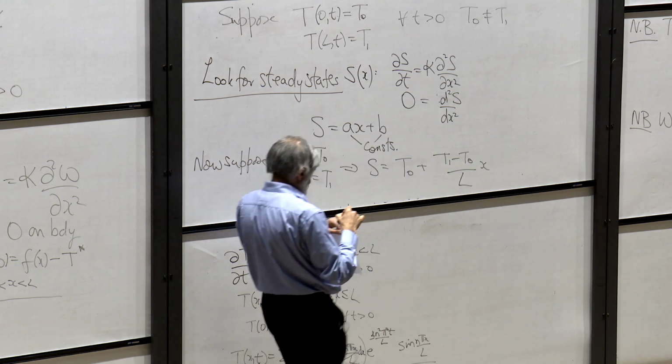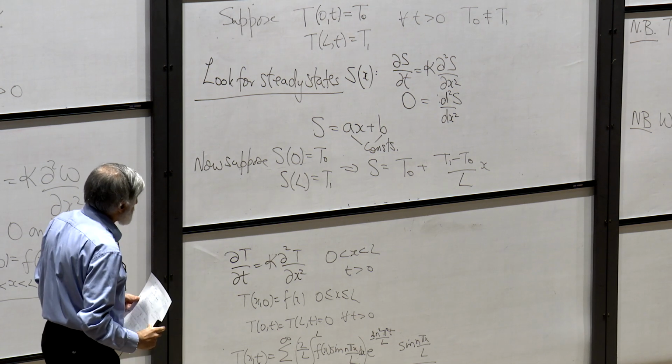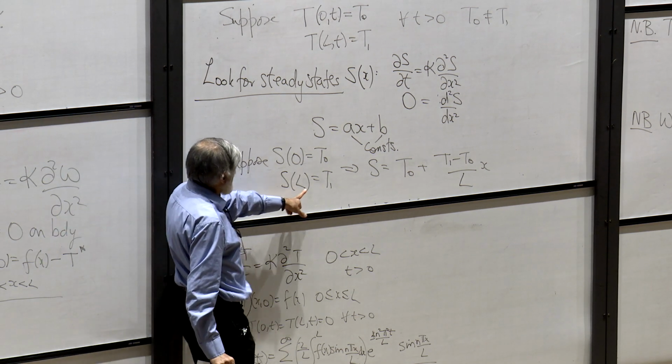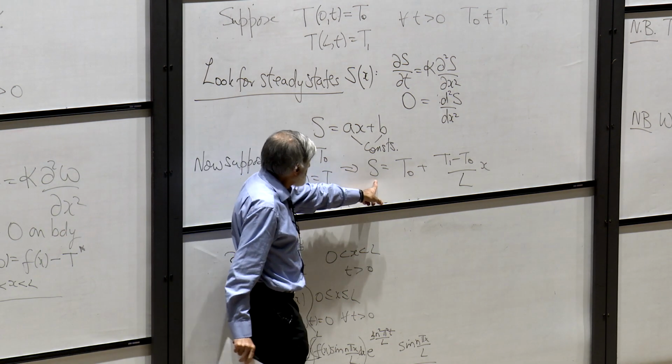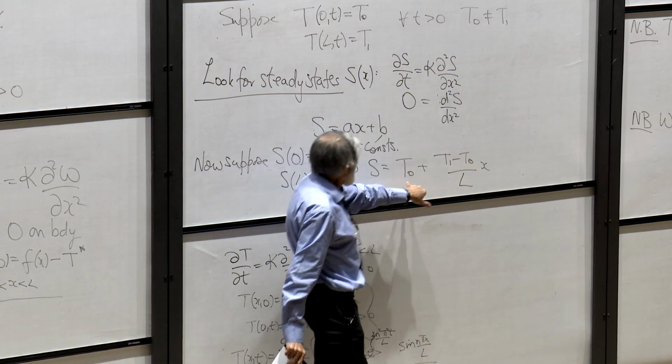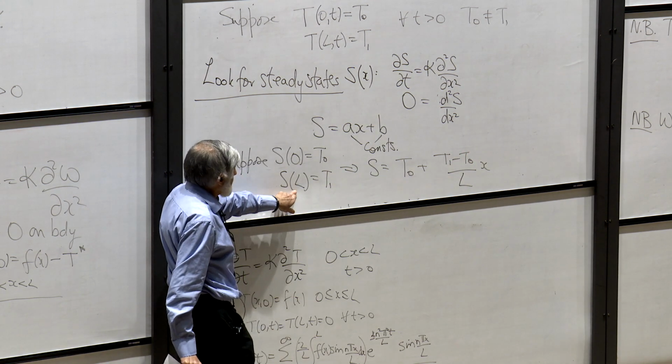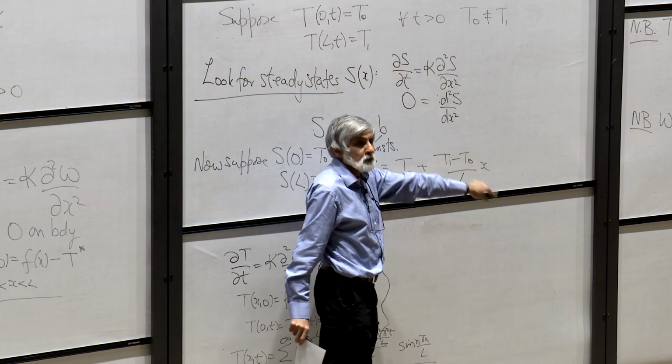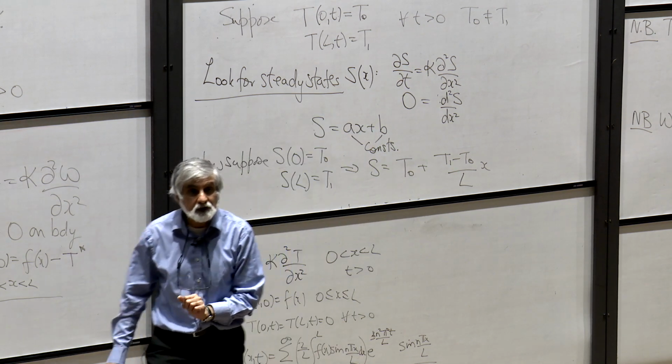So I leave you to do that. Let's just check. S of naught is T naught. S of L is T naught plus T1 minus T naught. So that works out. Okay, good.